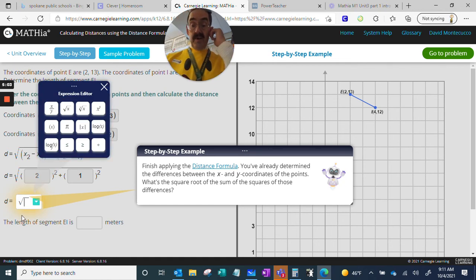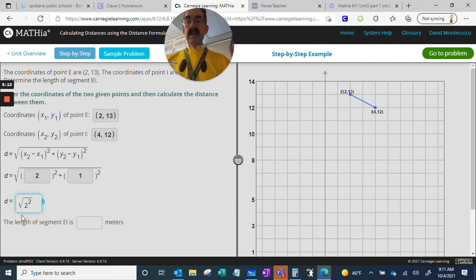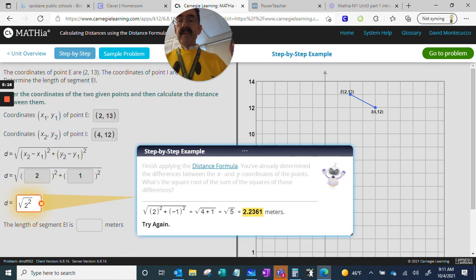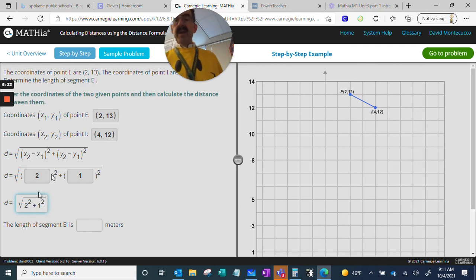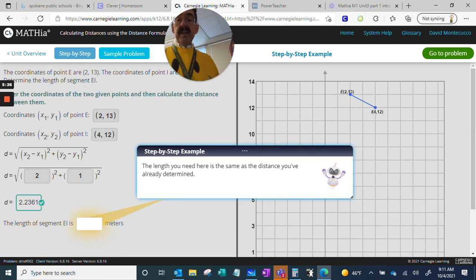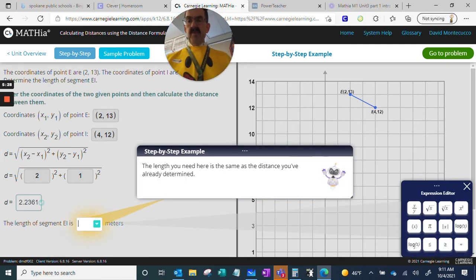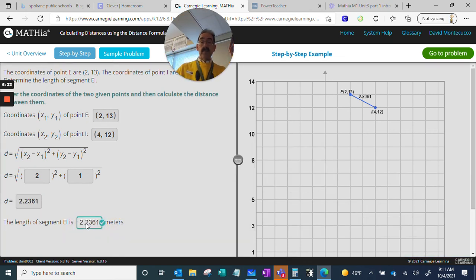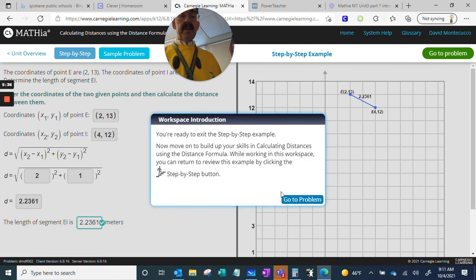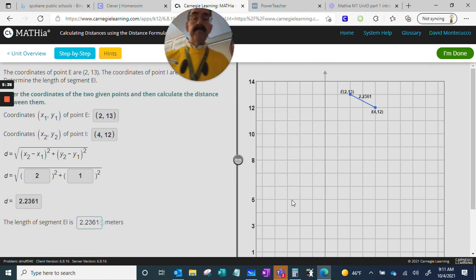And if you're not sure, we can go 2, shift 2, big arrow, plus 1, shift 2, squared. It'll do the work for us, okay? The length of the segment is 2.2361, enter. Okay, so we're applying the distance formula. Okay, so let's go to a problem. Let's give it a try.